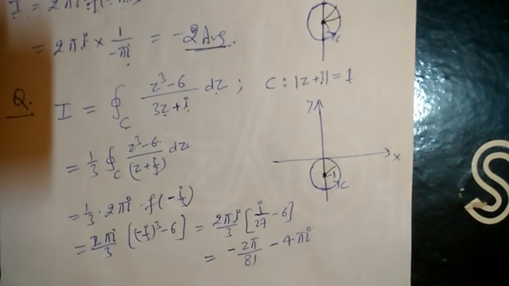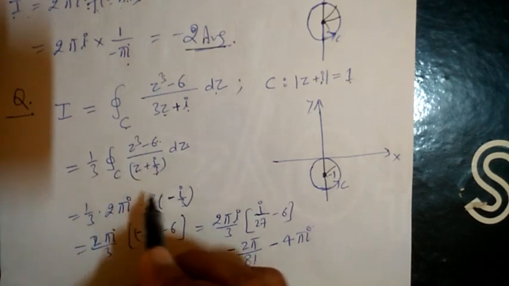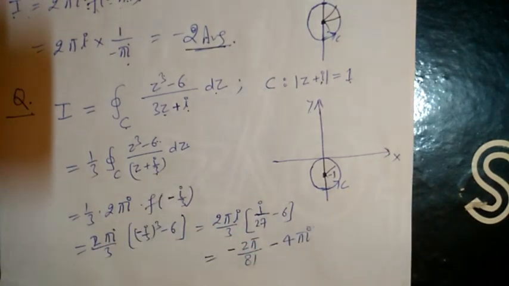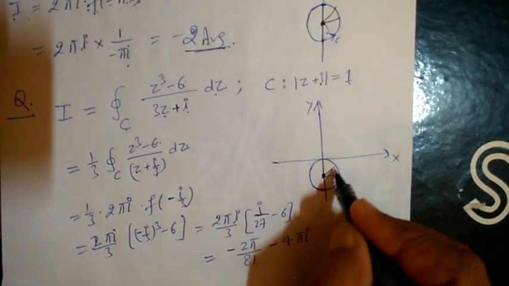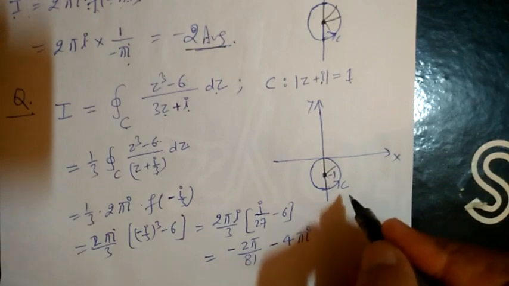First of all we check whether this point lies inside the circle C or not. So z is equal to minus iota upon 3, which means about minus 0.33, which lies within the unit radius of circle C. So in that case this point lies inside the circle C.